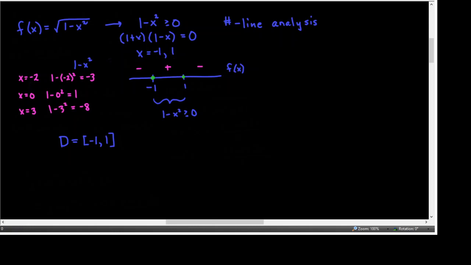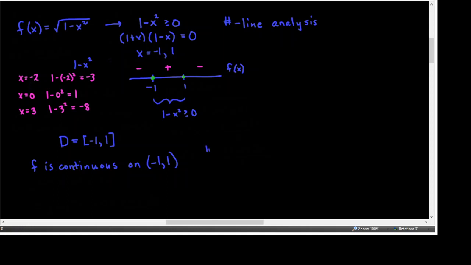So for that reason, as long as we're taking the square root of a positive thing, which is its domain, this function is continuous on the open interval -1 to 1 for sure, when it's positive. Then we have to test the endpoints of that interval.